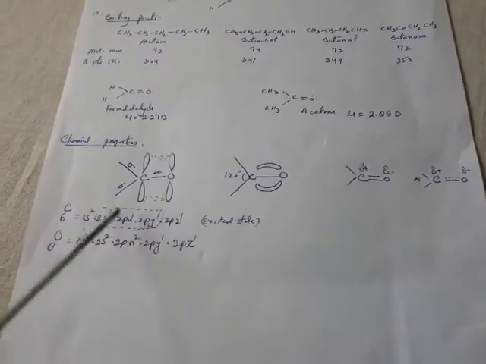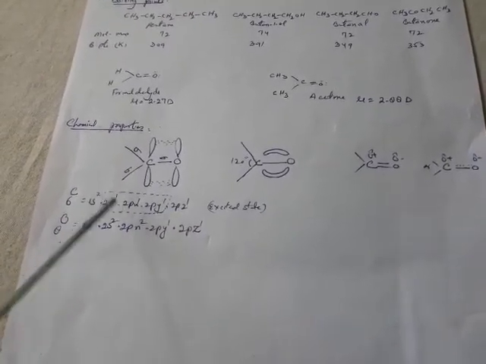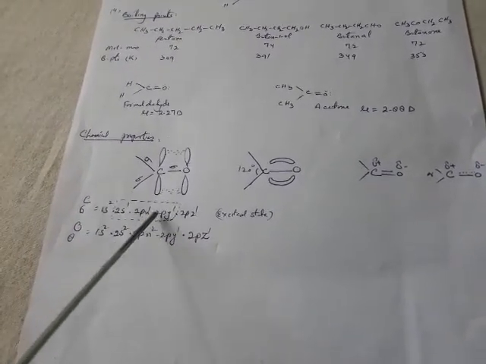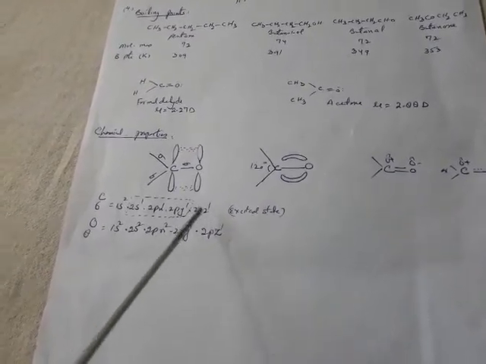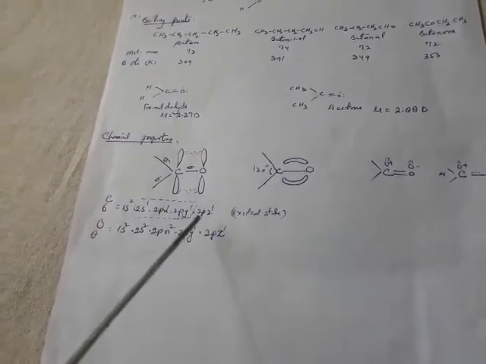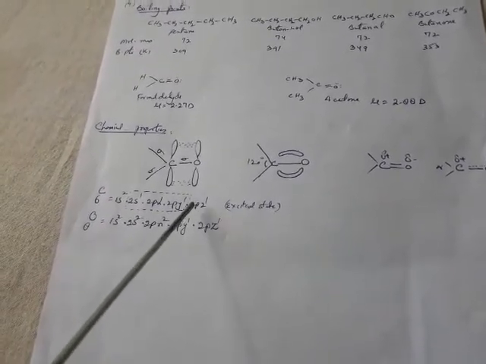In this case, the hybridization takes place between 2s, 2px and 2py. The 2pz atomic orbital of this carbon atom does not take part in hybridization and remains unhybridized.